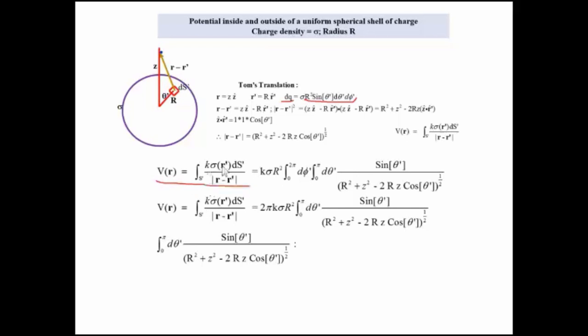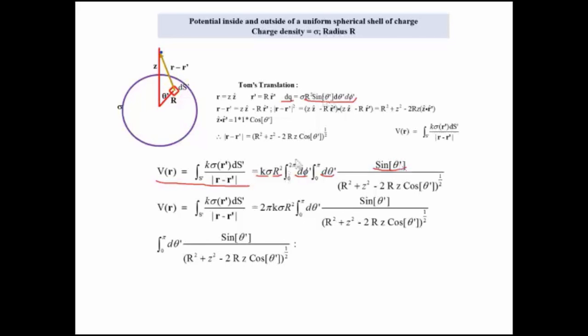Sigma is constant, so that can come out. ds prime would be equal to this quantity right here. ds prime would give us a d phi prime, a sine of theta prime, and a d theta prime, and the r squared. Let me repeat that. Here's r squared. Here's our d phi prime right here. Here's our d theta prime here, and here's our sine theta prime here.